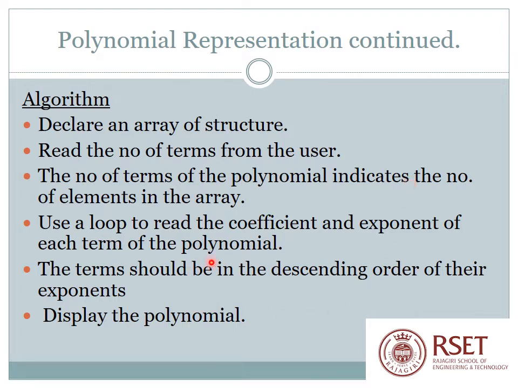Then you use a loop to read the coefficient and exponent of each term, asking the user to enter them in the descending order of the exponents. After that, just like you display any other array of structure, you display the elements of the array so as to present it as a polynomial.